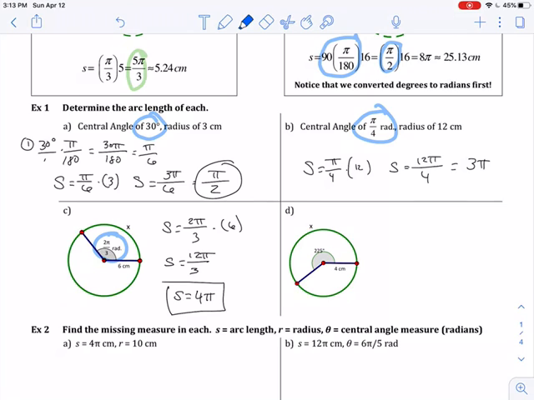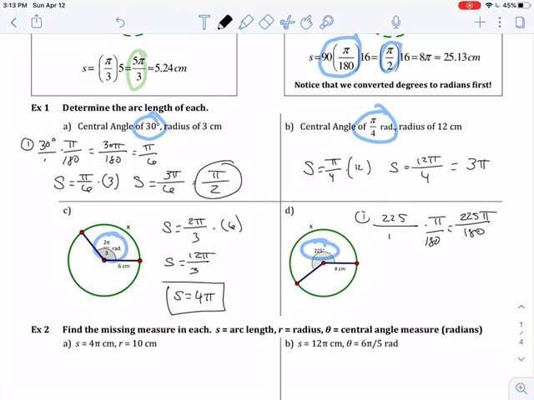Example D, all right, red flag. They're giving me 225 degrees. So the first thing I'm going to have to do is convert that, right? So first one, I'm going to go 225 over 1 times pi over 180. That's going to give me 225 pi over 180.